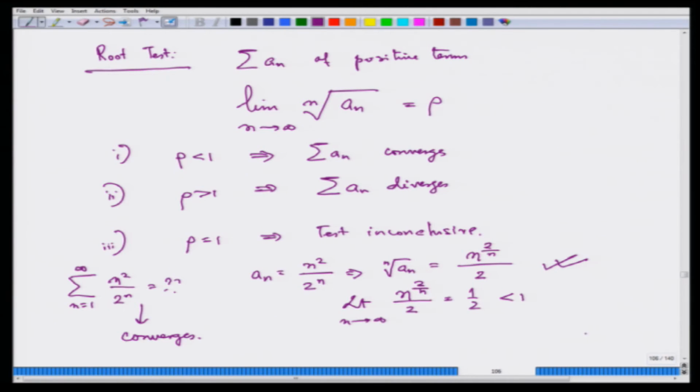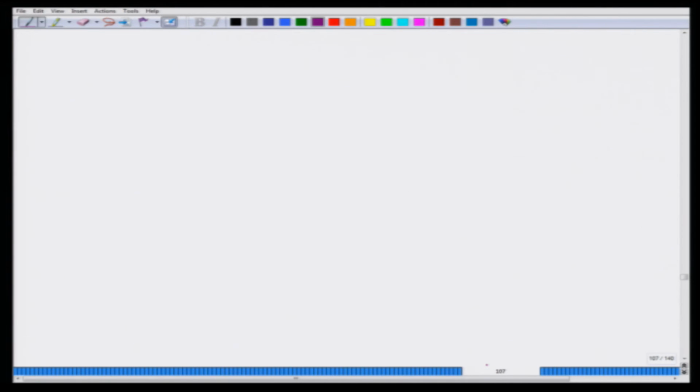Okay. So we have just spoken about series of positive terms. What about if you have a series of alternating terms, one term plus, one term minus, one term plus, one term minus, what will you do? For example, you take the alternating harmonic series as an example.